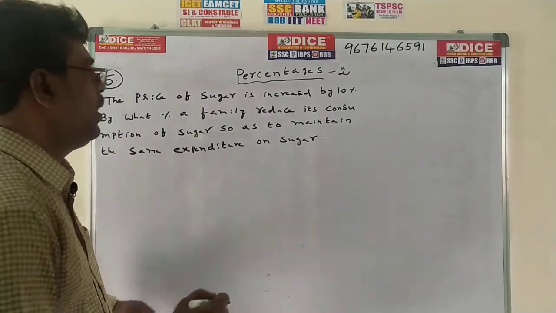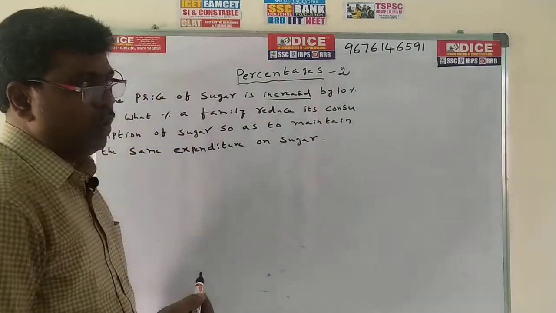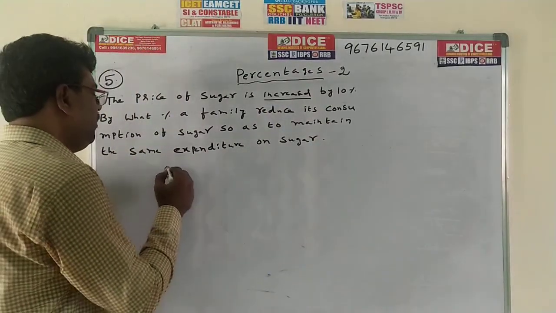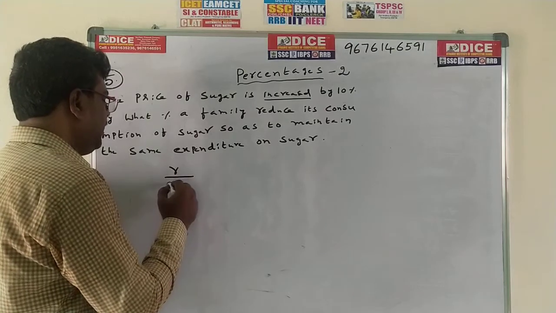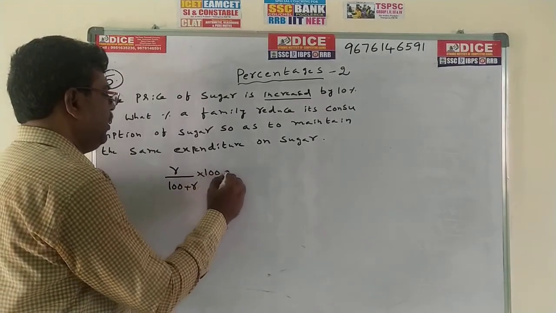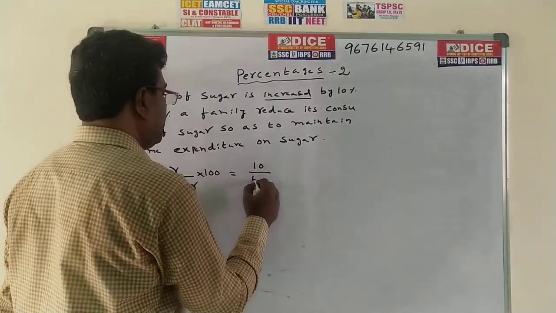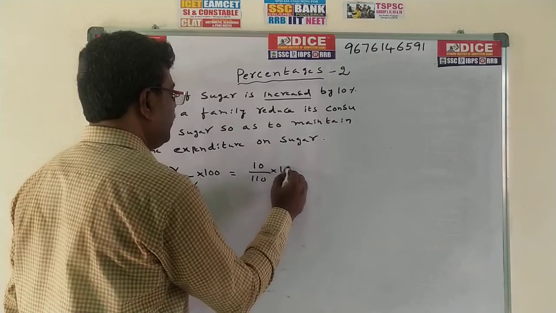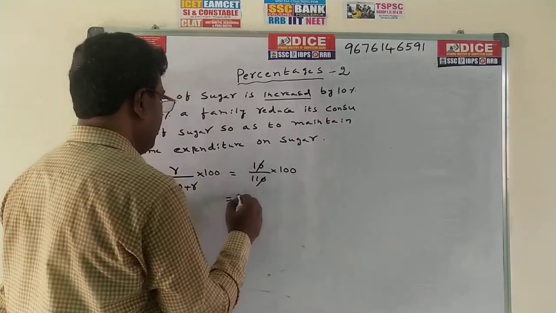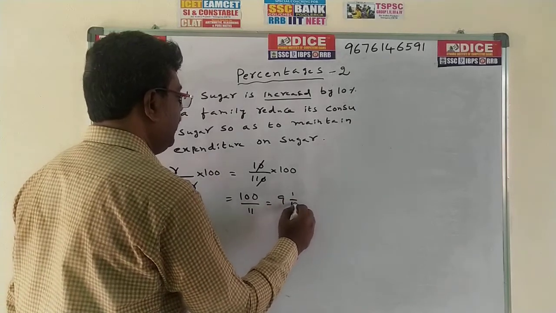Whenever increased or more is there in the problem, the formula is simply R by (100 plus R) into 100. R is nothing but 10. 10 by (100 plus 10), that is 110, into 100. The zeros cancel, the value is 100 by 11, so the answer is 9 1 by 11%.